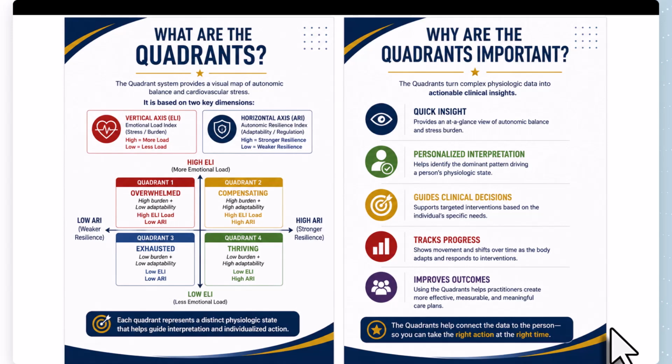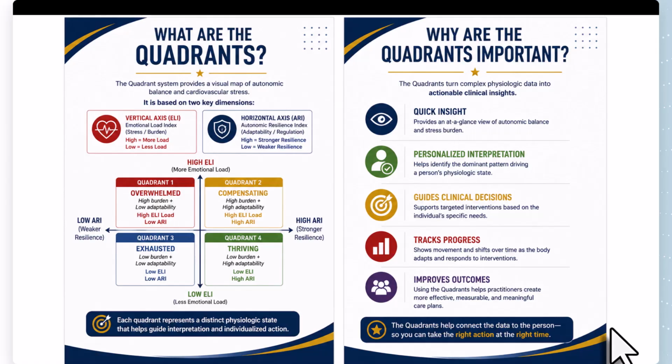So what you're looking for, what's high, what's low, and you'll be able to know what quadrant they're in. And when you calculate it, you'll be able to see, again, for example, in quadrant 3, it's a low emotional load index and low autonomic regulation or resilience index.